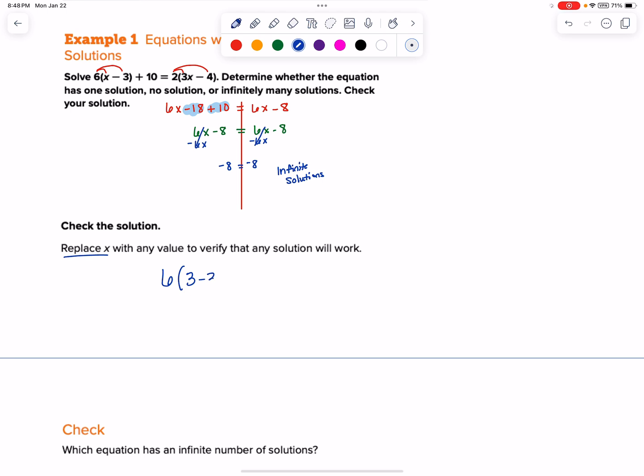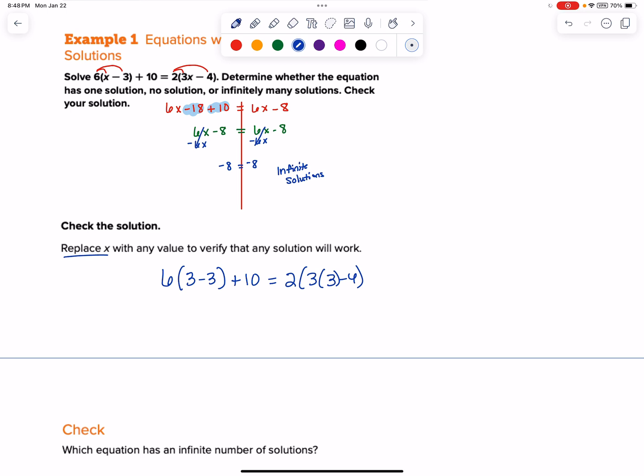We'll do 3. We'll make x equal 3 instead and see what happens. Equals 2 times the quantity of 3 times 3 minus 4.